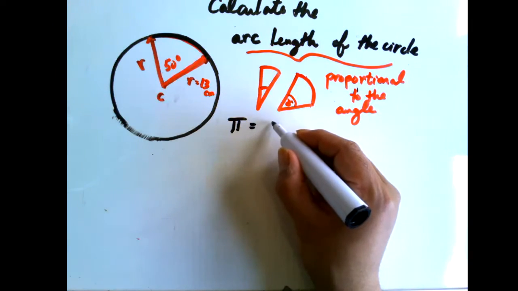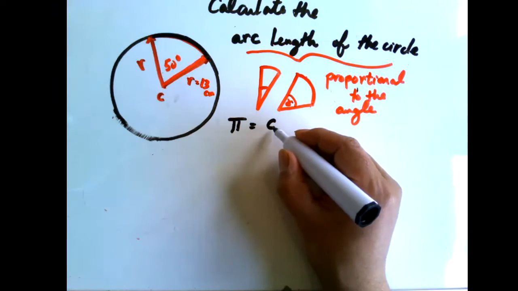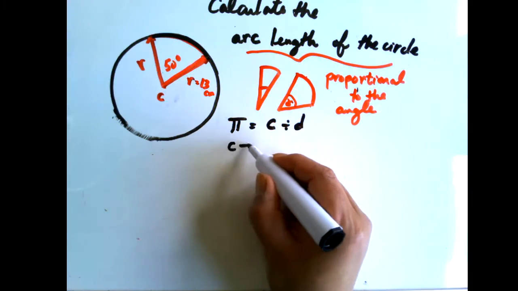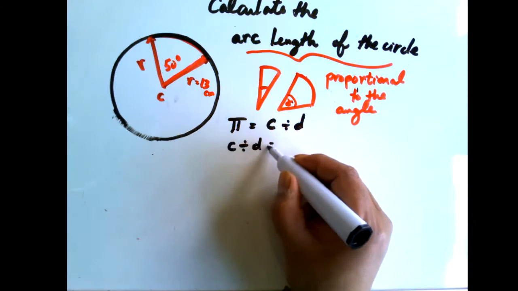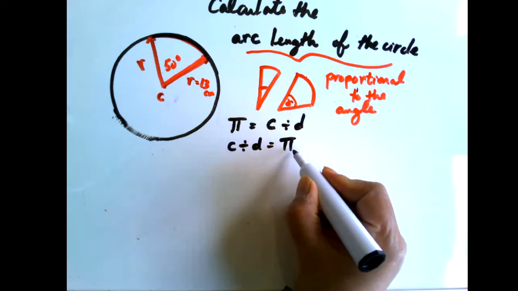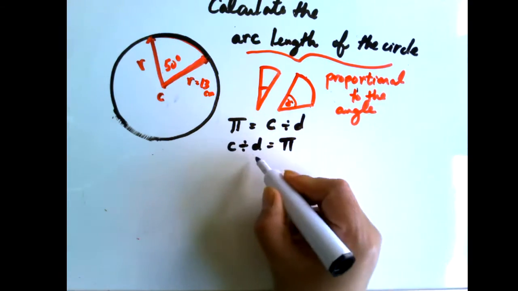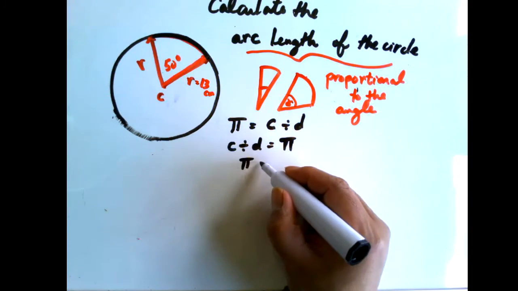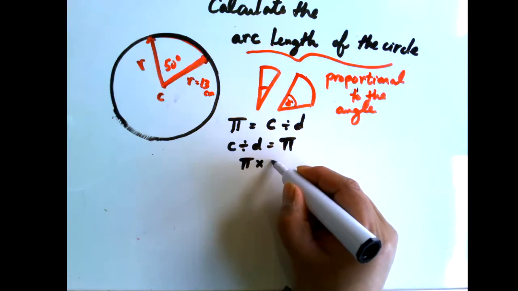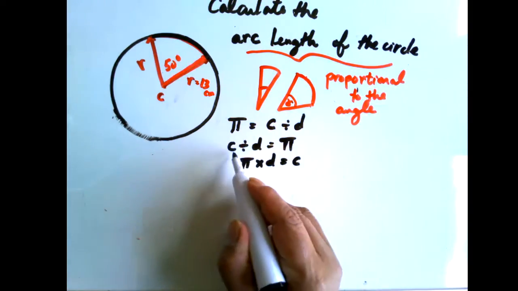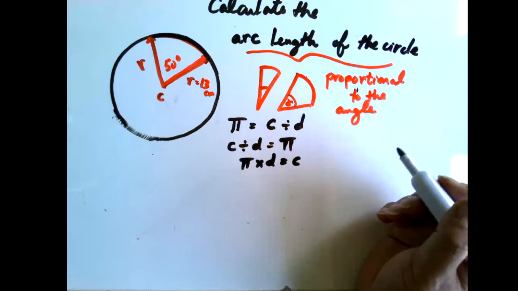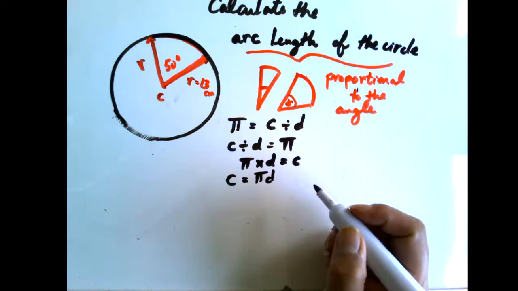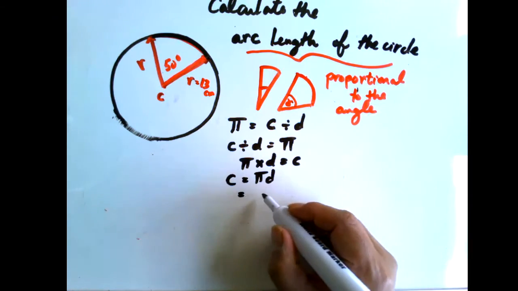Pi is essentially c divided by d, or c divided by d is pi, and the opposite of that is pi times d equals c. So in a way, circumference is pi d.